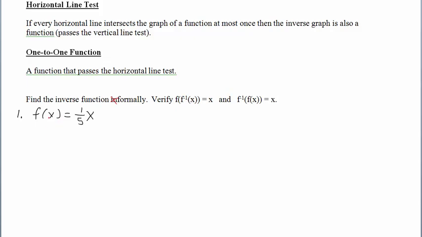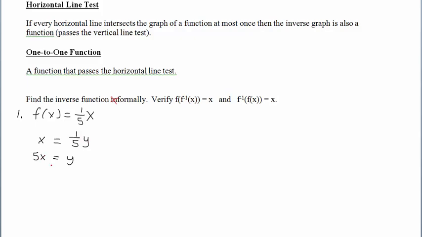So this is what we did. We replaced y, which is represented by f of x, with x. So we're on our journey to find an equation for the inverse function. And then we had 1/5 y. And then what we did is we solved for the new y. So that would require multiplying both sides of this equation by 5, because 5 times 1/5 gives just y. So without showing that, I'm just going to say we multiplied both sides by 5.